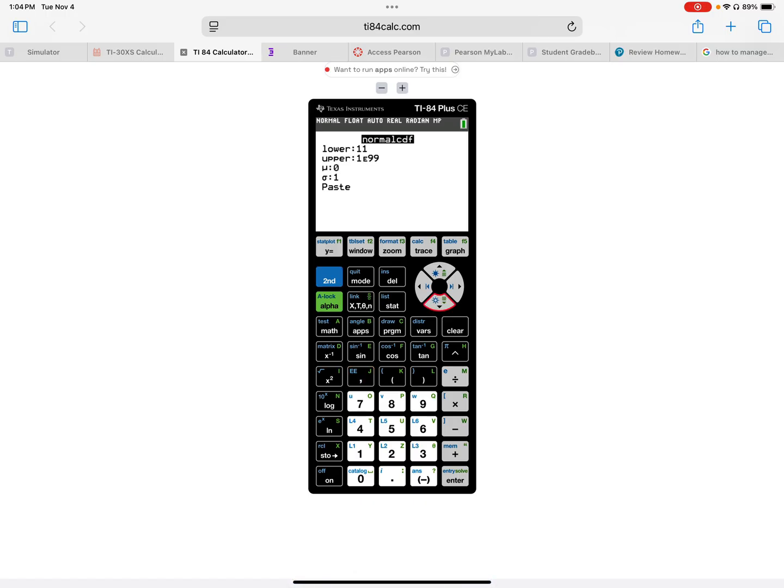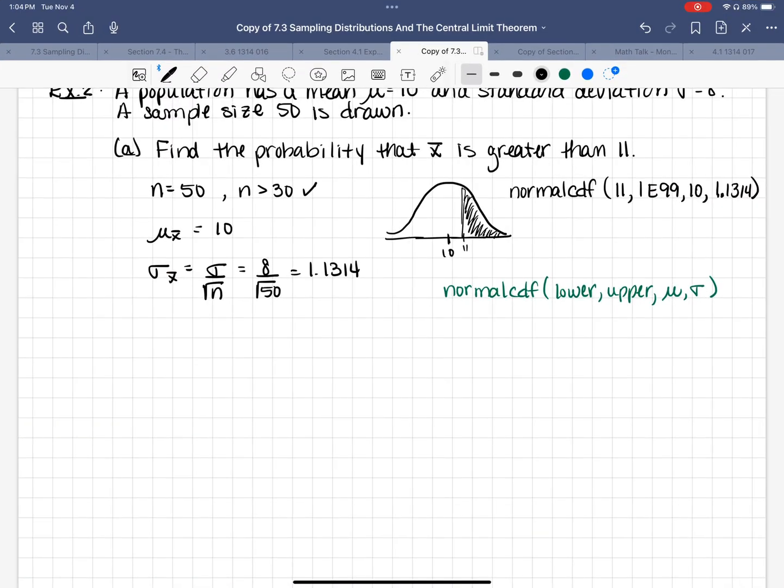I do not have a mean of 0. The mean is 10 here. That standard deviation is 1.1314. I'm going to hit enter, and that gives me 0.1884. So I get equals 0.1884.